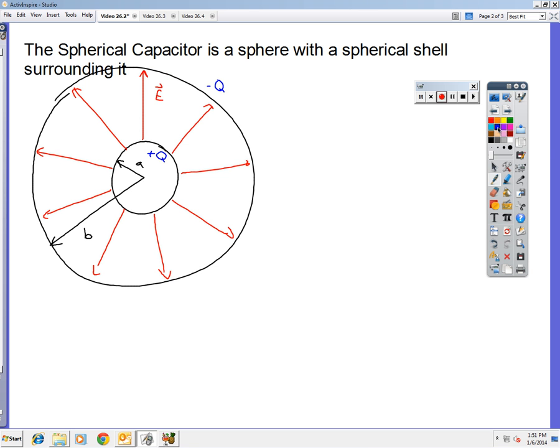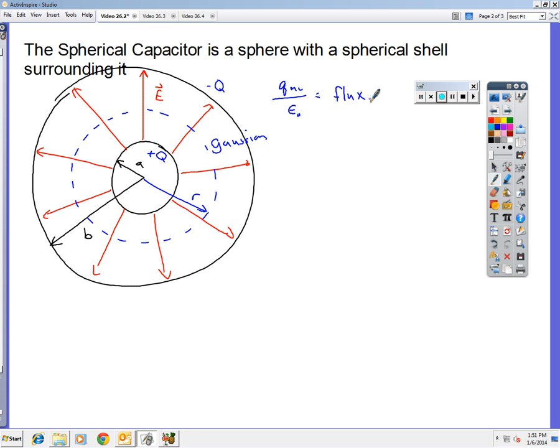So we'll draw a Gaussian surface of radius little r, and we'll use Gauss's law, which says the enclosed charge divided by epsilon 0 equals the total flux. Now the enclosed charge is easy, it's just plus Q. Notice that the outer shell is entirely outside, so we don't care about the minus Q for this part of the calculation.